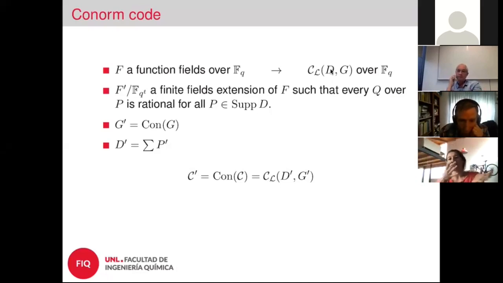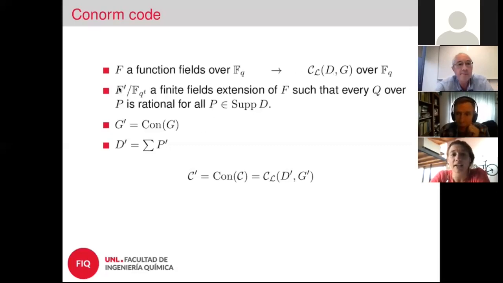Actually, we can define this conorm code using just the ones that are rational and not requiring to have all of them. But in the examples that we were interested in, we always had a lot of rational places over our places. So this was just enough.